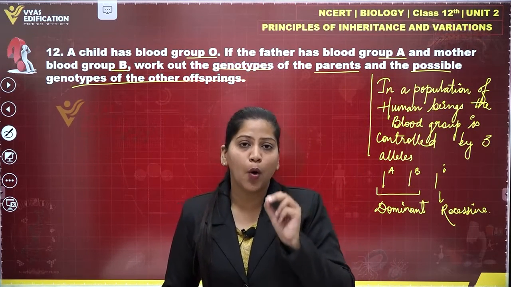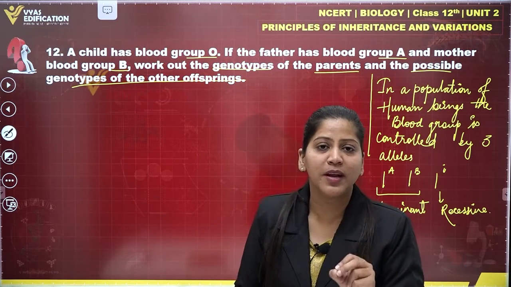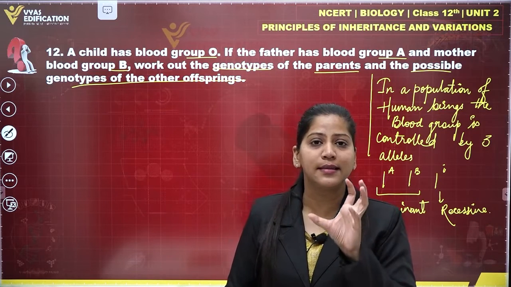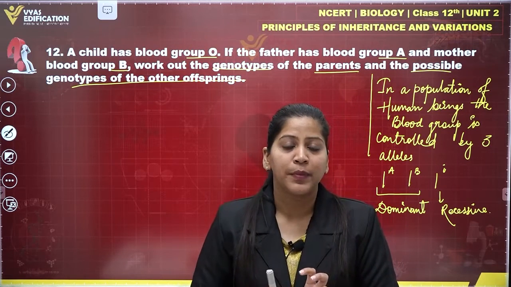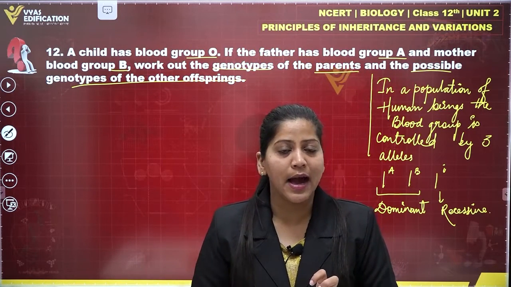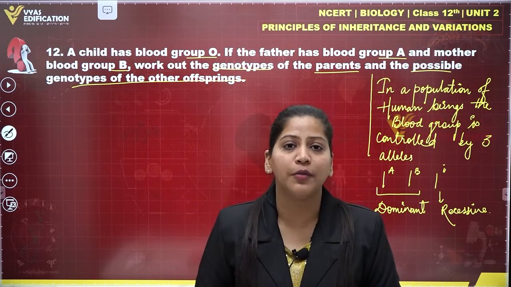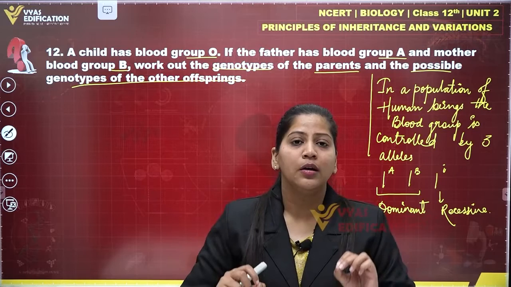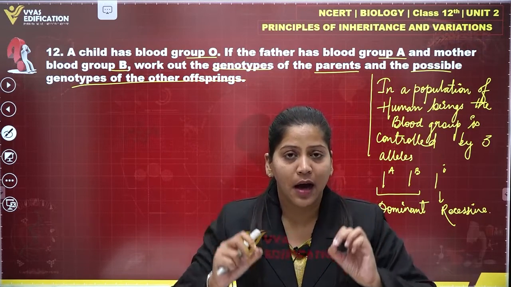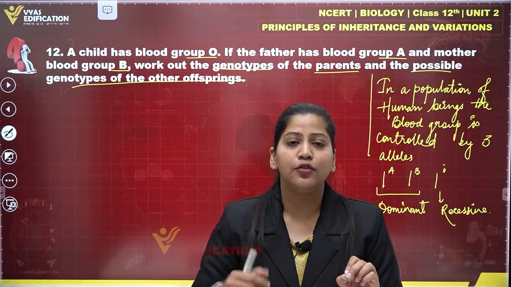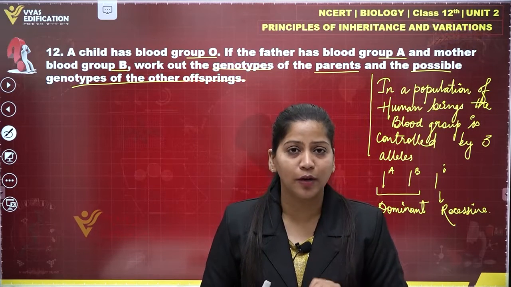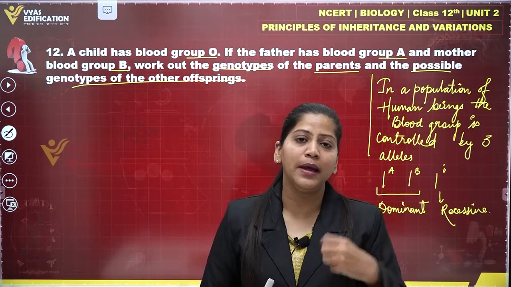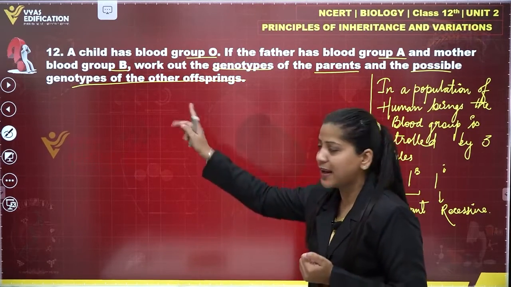The blood group O will express itself only when an individual or offspring receives two alleles, i and i, from both parents. If both parents pass the i allele to their offspring, then the blood group of that offspring will be O.